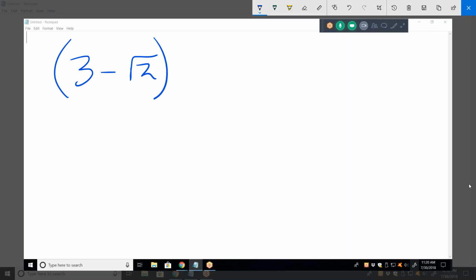Okay, FOIL. You're multiplying a binomial times a binomial. You're going to multiply every term by every term. In fact, I prefer that to the word FOIL, although I've been thinking about that lately, and FOIL actually is pretty specific here.